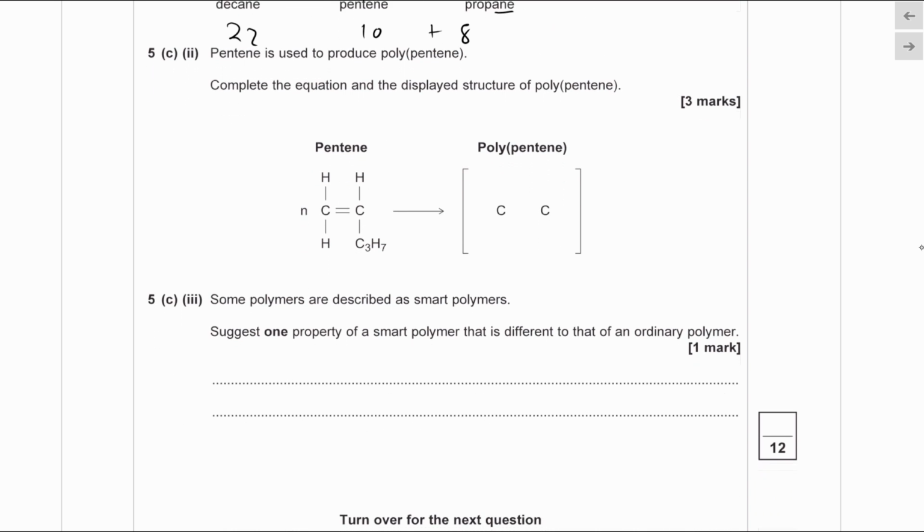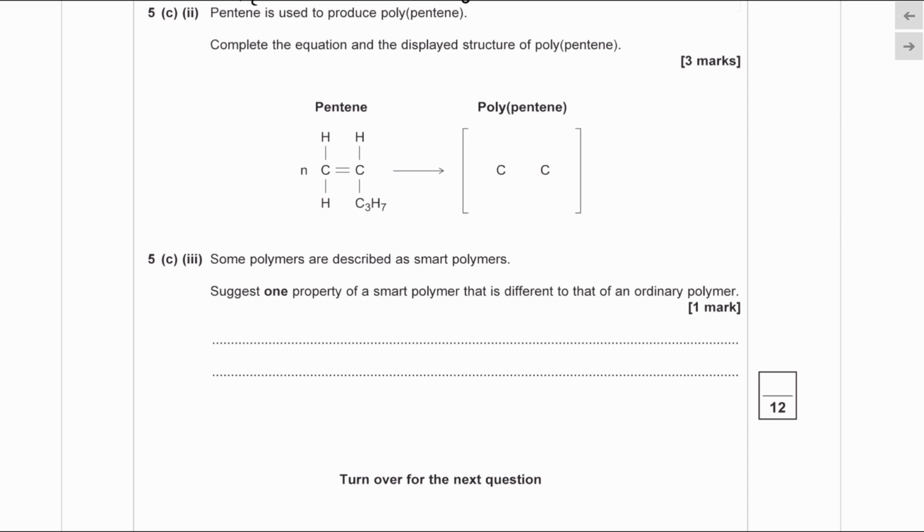All right, moving on. Pentene is used to produce polypentene. Complete the equation and the displayed structure of polypentene. All right, and so what we need to do here is have a look at the left-hand side, and we have our monomer. We need to write that in polymer form, okay? And so I'm going to fill in. First thing is just it's a single bond between the 2 carbons, right?